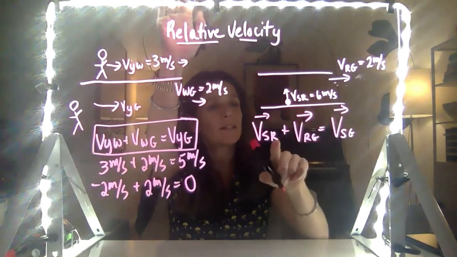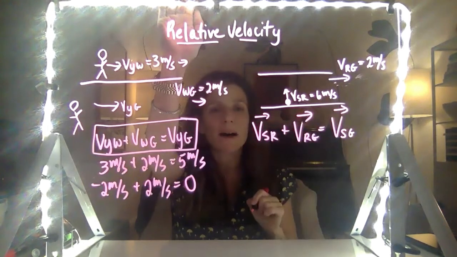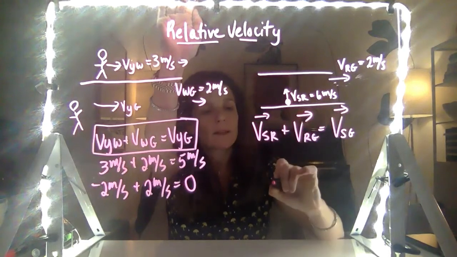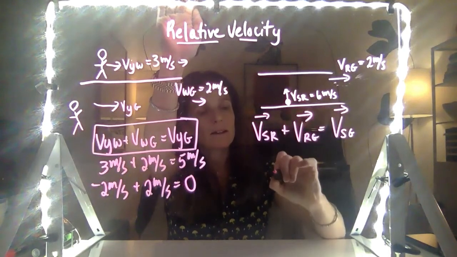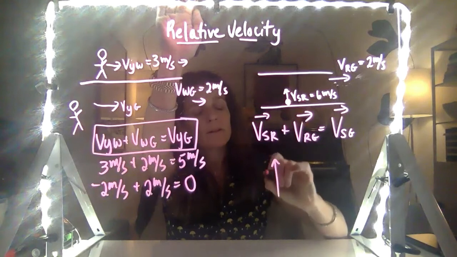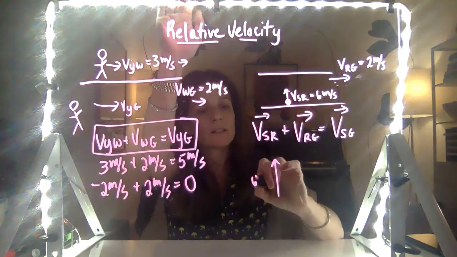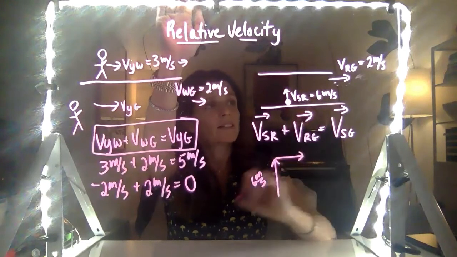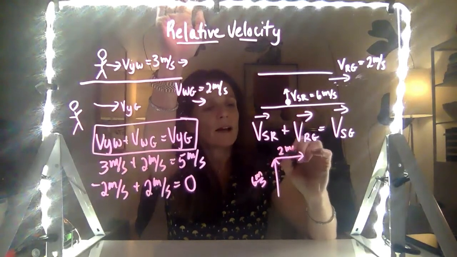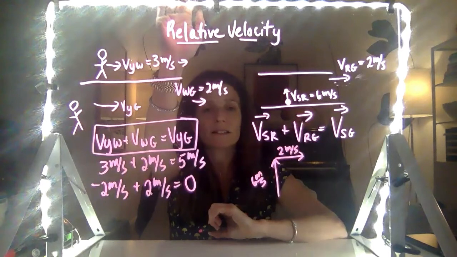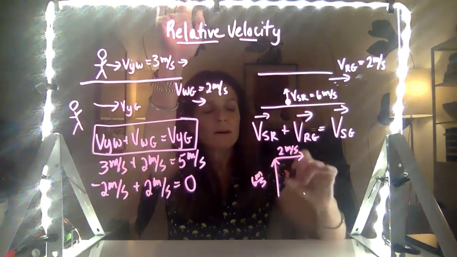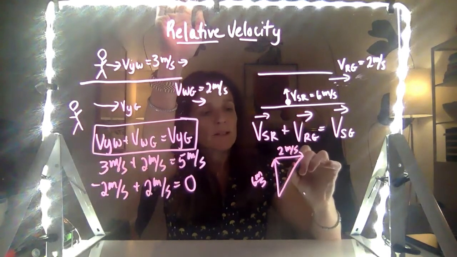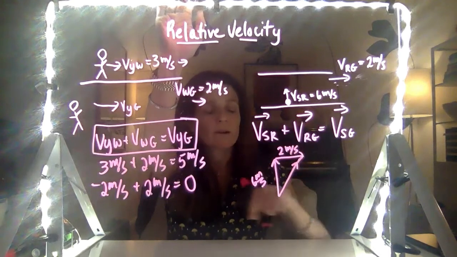But it's not a straight addition, we have to combine these as vectors. So let's do that. Velocity of the swimmer relative to the river, which is 6 meters per second up. And then we have the velocity of the river relative to the ground, which is 2 meters per second to the side. And when you combine those, we know how to do this from our work with projectiles already.